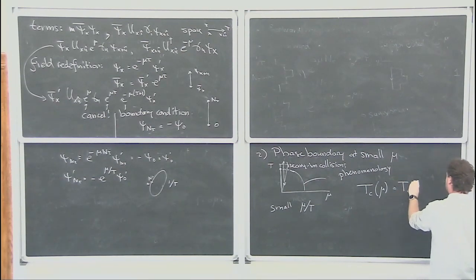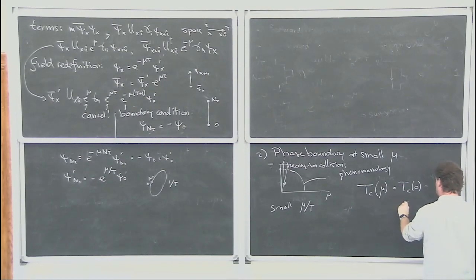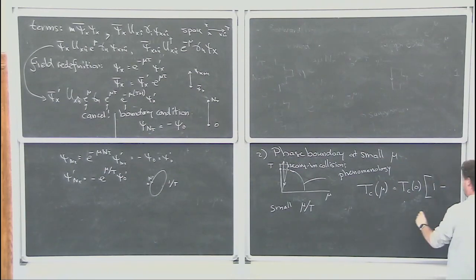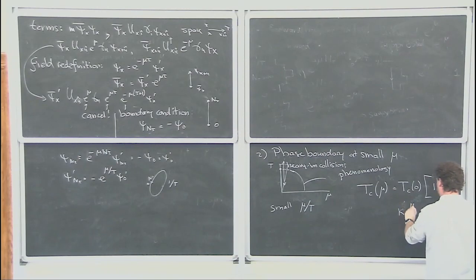Then we can see how this critical temperature depends on mu. And this will go with a minus sign, so it will bend downward as something like, let me write it as 1 minus kappa times, say, (mu over T) squared plus higher orders.